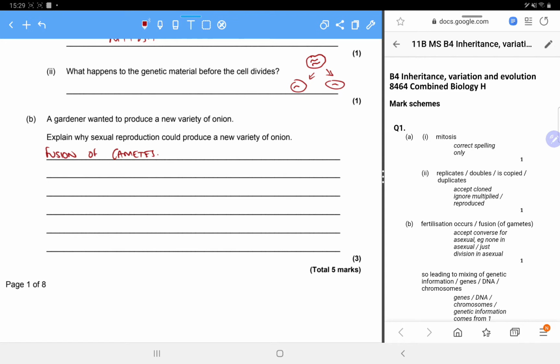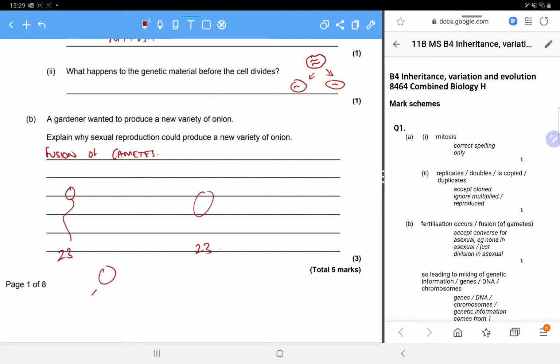Now, why does this produce variation? Well, sperm and eggs are produced by meiosis, and they both have 23 chromosomes in humans, for example. Okay, it doesn't really matter how much this would be in a new variety of onion. But just going to the human example, if you've got 23 chromosomes, that's half the genetic material.